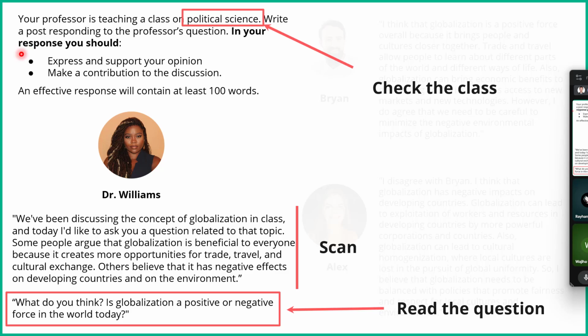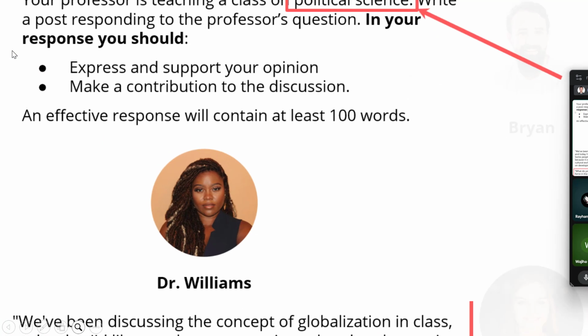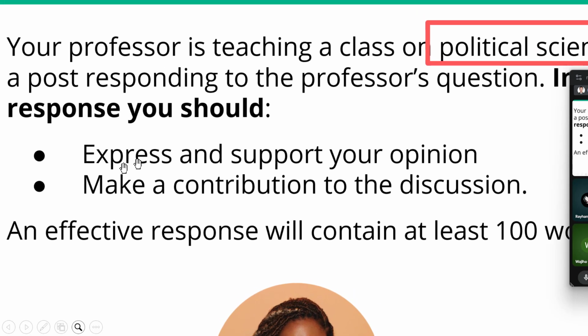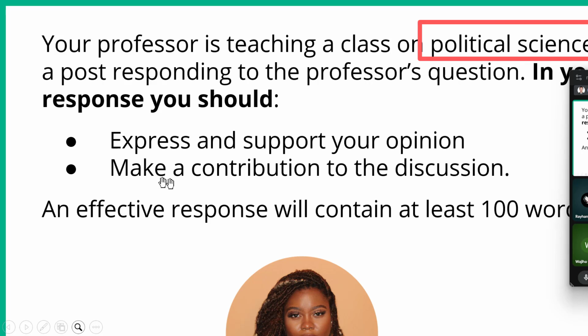Then in our response, we have to do specifically these two important things. First, we have to express and support our opinion because the question is given, so we're supposed to support it and answer the question. And finally, we'll have to make a contribution to the discussion.